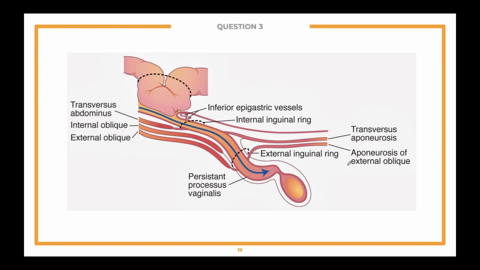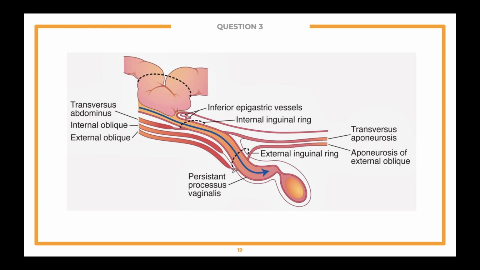the transverse abdominis muscle, that's the first one; the internal oblique muscle; and then the aponeurosis of the external oblique muscle. This is what it will travel adjacent to during its course. And then these hernias actually enter just lateral to the epigastric vessels.